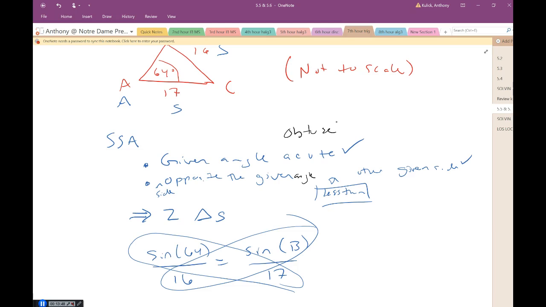And if your opposite side is bigger than the other given side, you're going to get an obtuse angle when you do the inverse, and then the same kind of thing happens. Like you end up with something that's too big in that second triangle if you try to do that.